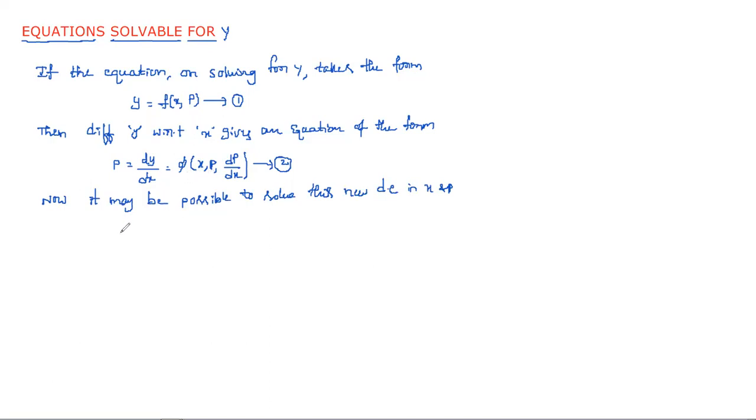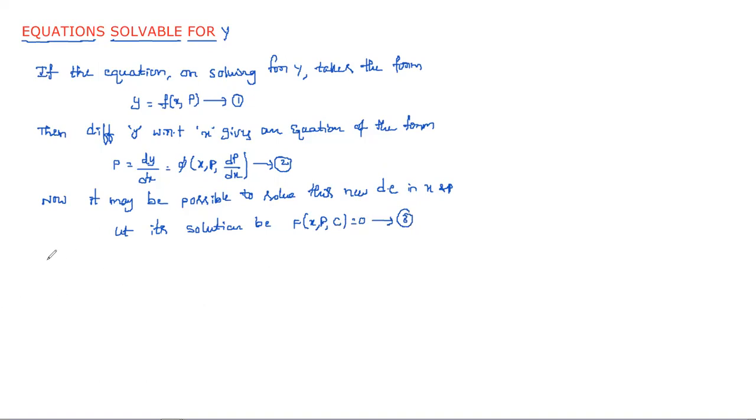Let its solution be f of x, p, c is equal to 0. It means the solution consists of x terms, p terms, and an arbitrary constant. Obviously, a general solution should consist of an arbitrary constant, which we have chosen as c. We name that equation 3.